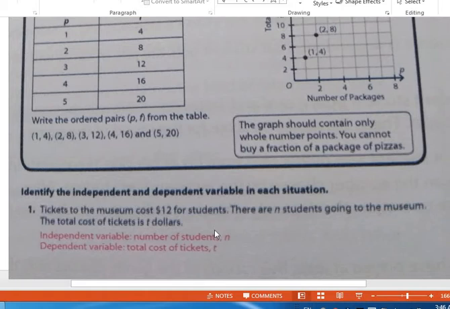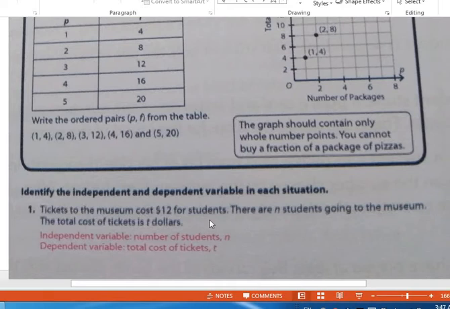Here the independent variable is the number of students. And why? Because it's fixed. If 5 of you go to the theater, the number of students is fixed. They are already in front of the theater. And the dependent variable, the total cost, depends on what?